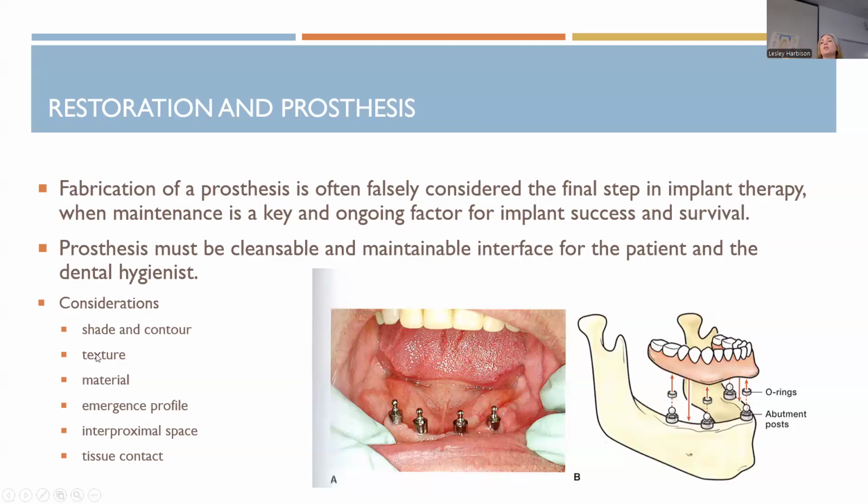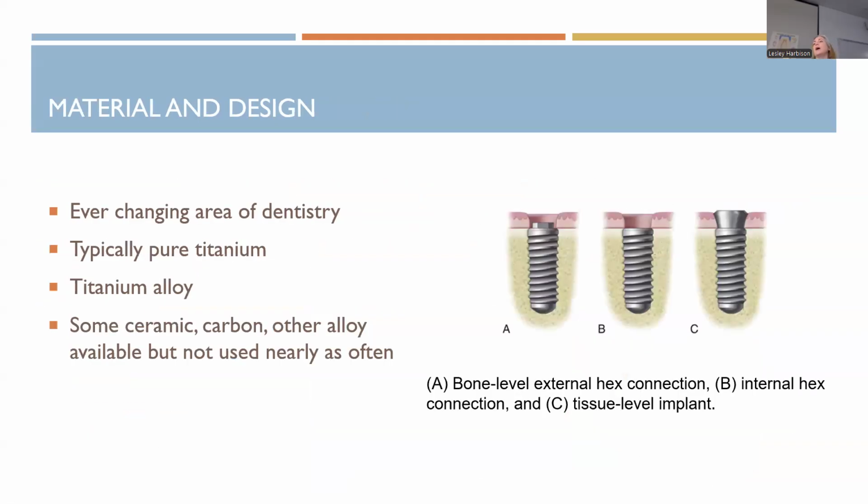So shape, contour, texture, material, emergence profile, interproximal space, and tissue contact. So material and design, ever-changing industry. There's lots of different materials out there, different products, different companies that make implants. Typically it was titanium. I think there can be some ceramic, carbon, other alloys, but very oftentimes it is titanium or titanium alloy.